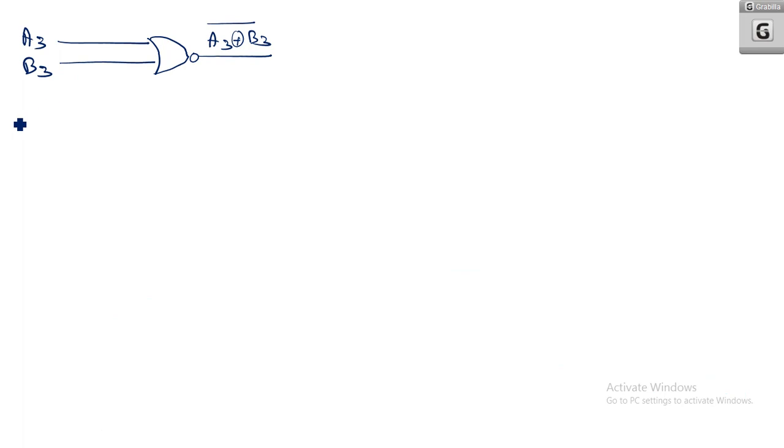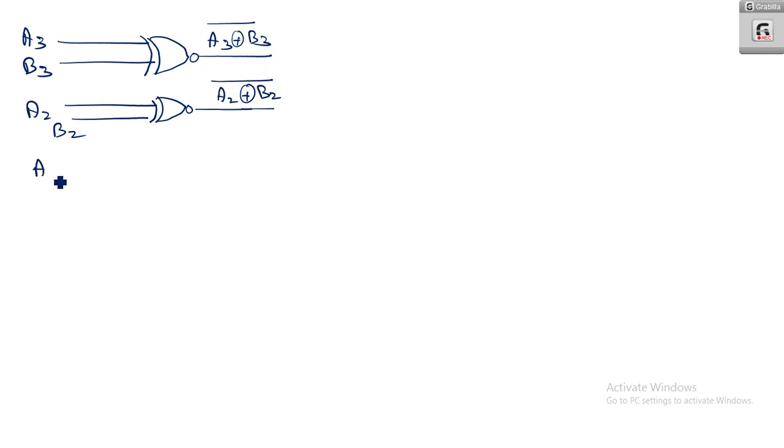Then A2, B2, XNOR, right? This is A2 XNOR B2. Then A1, B1, XNOR.